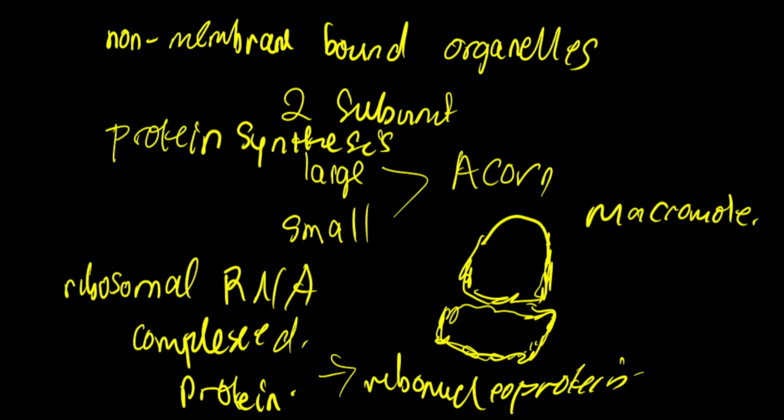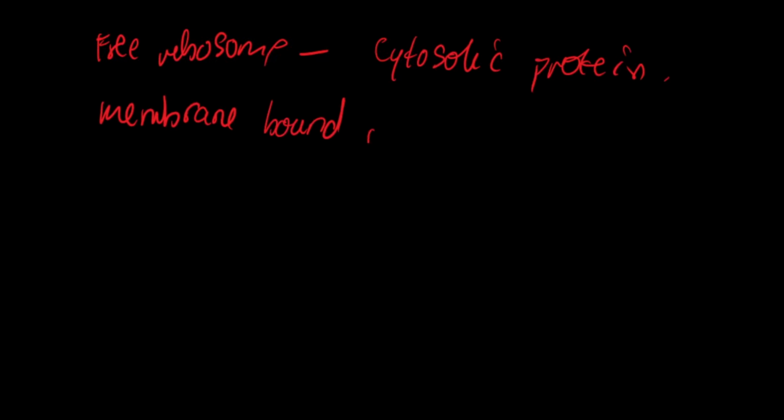Now, as we would go on to see, the ribosomes could be free. These free ribosomes are just scattered all around through the cytosol. Now, free ribosomes produce proteins that stay in the cytosol, so they produce cytosolic proteins. We also have membrane bound ribosomes.